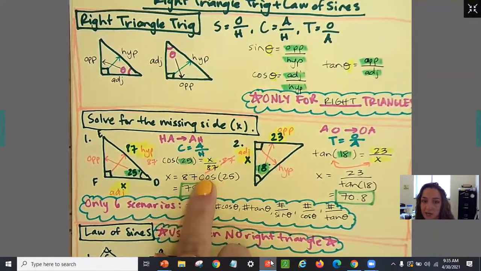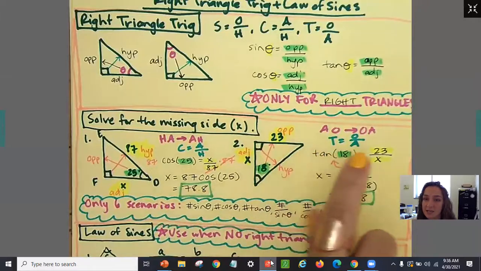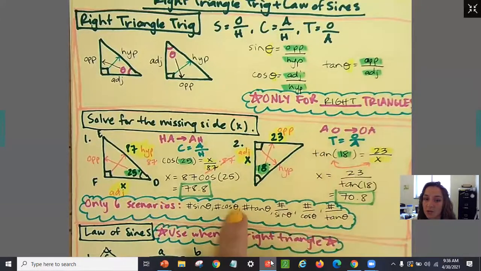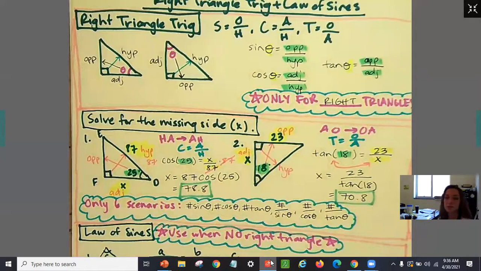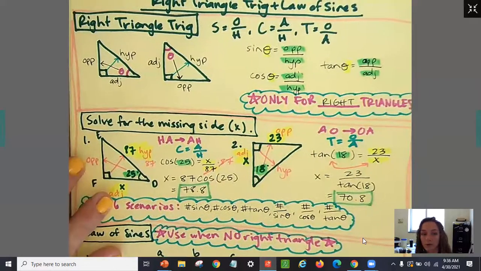We have number times cosine of 25. That's like these scenarios. So this is one thing that you can get. The other thing that you can get is if the variable is in the bottom here. So that's number over sine, number over cosine, or number over tangent. Those are the only scenarios that you should get for these problems. If you get another scenario, you have done something wrong. So please go back and check your work on your answer.